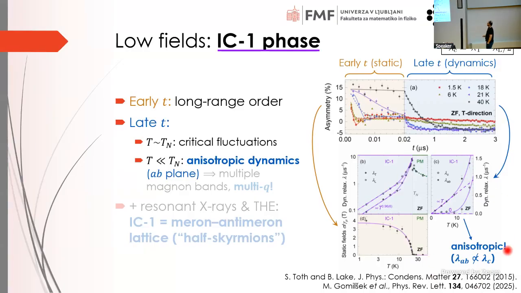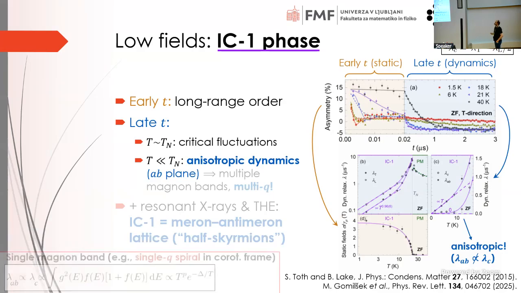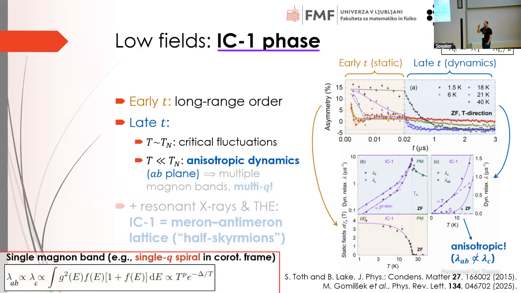In any case, this anisotropic temperature dependence, where qualitatively one is linear and the other is constant in temperature, means that this is not a single Q phase. So at least simple single Q phases, like spin spirals or helices, you have a nice prediction from spin density wave theory that both fluctuation rates should be proportional one to the other.